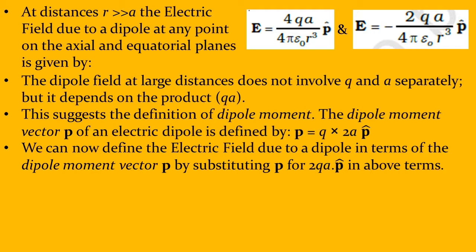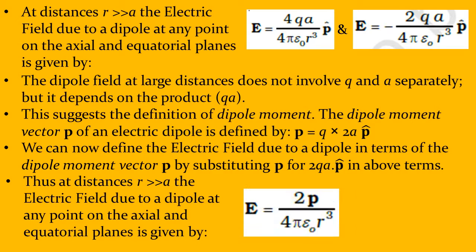We can now define the electrical field E in terms of the dipole moment vector. Now I have a QA here, I have a P hat here, and out of this 4, if I take out 2, I can take 2 into 2QA into P hat. So it will simply become E equal to 2P, where this P denotes the dipole moment vector, 2QA into P hat.